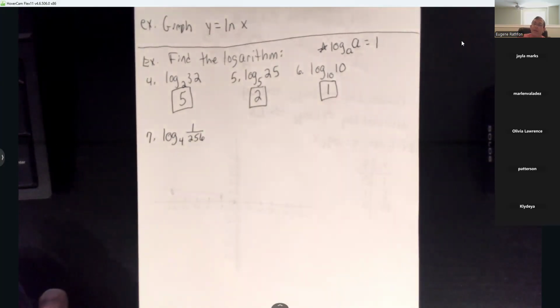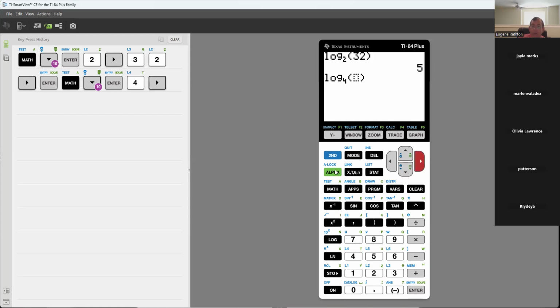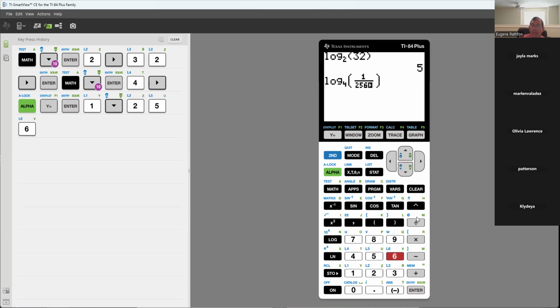Well, y'all, we've got our calculator for that, remember? So go to math, arrow down to log base, enter. My base was a 4. My result, I'm going to make that look like a fraction, alpha y equals enter, was 1 over 256. All right, y'all, so let's hit enter, and we get a negative 4.